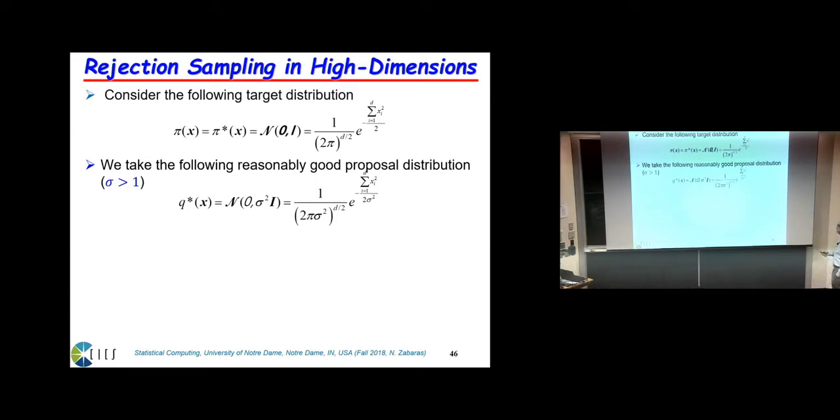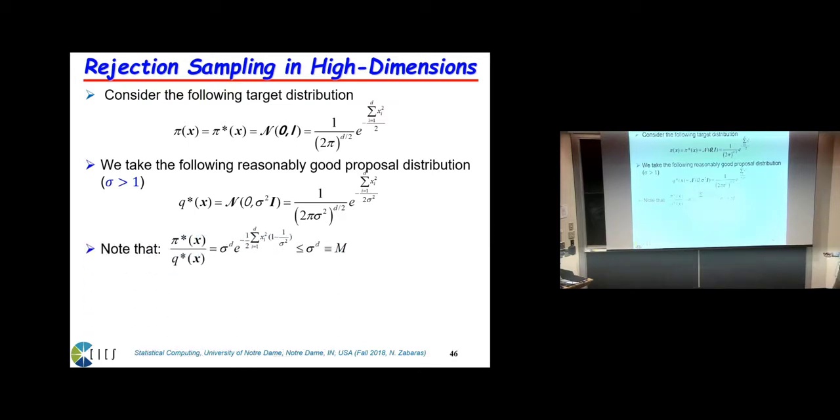So I'm going to take a proposal distribution, another Gaussian, that has a variance sigma squared I, where sigma is greater than 1. Will you agree with me that if I take the ratio of the two, because sigma is greater than 1, it will be on the top, right? Okay, so I want to see what that will give me for this particular case in d dimensions.